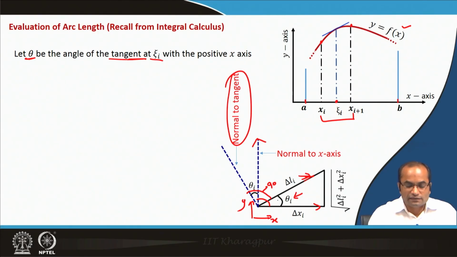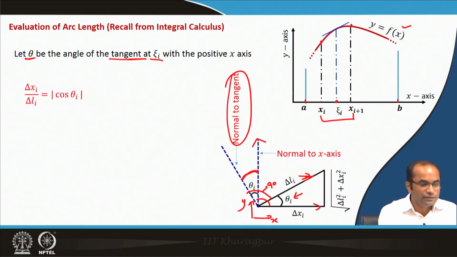So, either we say that theta is the angle of the tangent from the positive x axis, or that it is the angle between the normal to the axis and the normal to the tangent, because having this angle will translate directly to the case of a surface, where we are going to consider the normal to the tangent plane. Theta is the angle the tangent makes with the positive x axis.